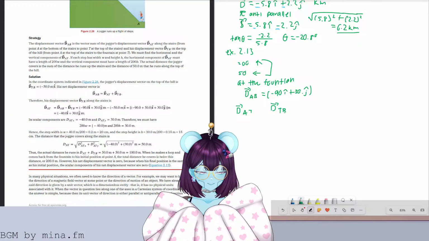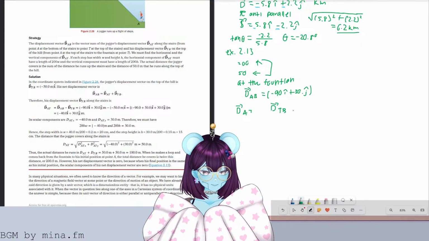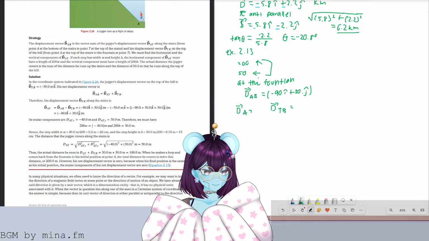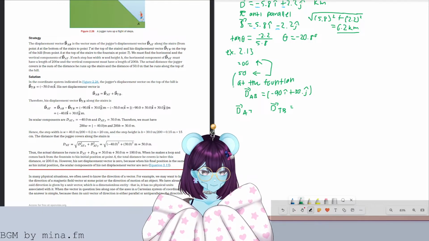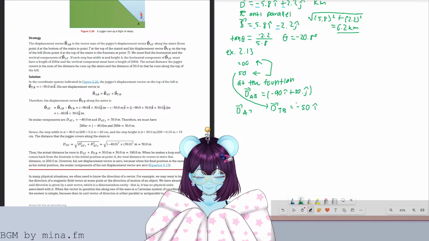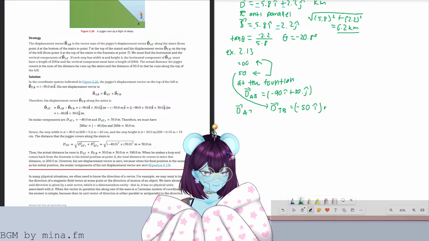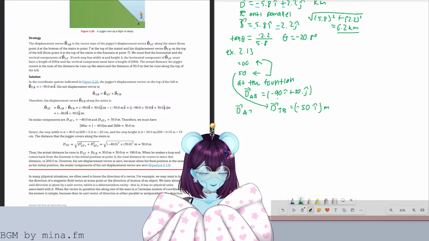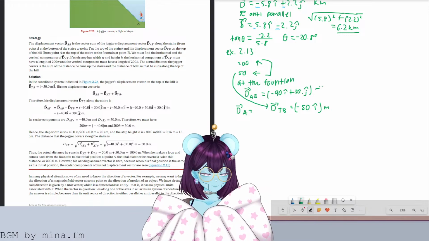We know that this is simply running in the left direction for 50, so we get negative 50. I'm assuming it's flat ground, right? It didn't say that it wasn't. So it's like that, and we have that resultant vector for us.